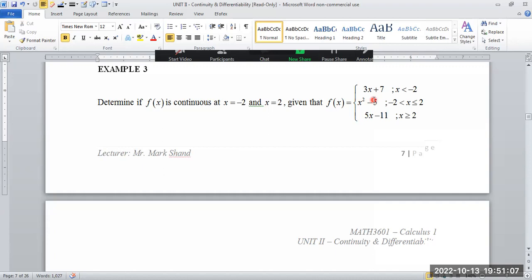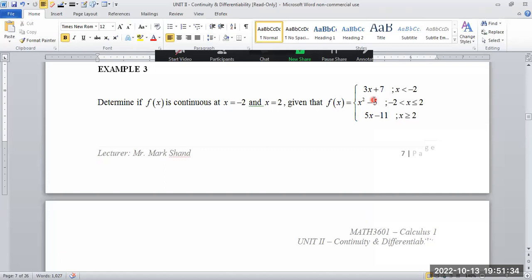Talk to me. Sir, it's coming from the left. X is coming from the left, and it's going to the right, I guess. All right, but that doesn't help me.